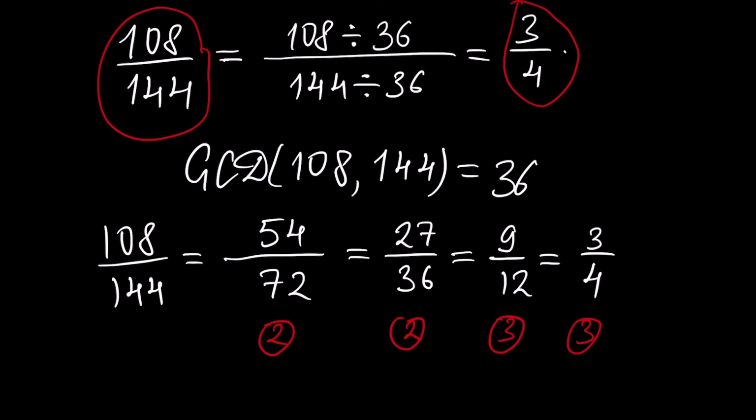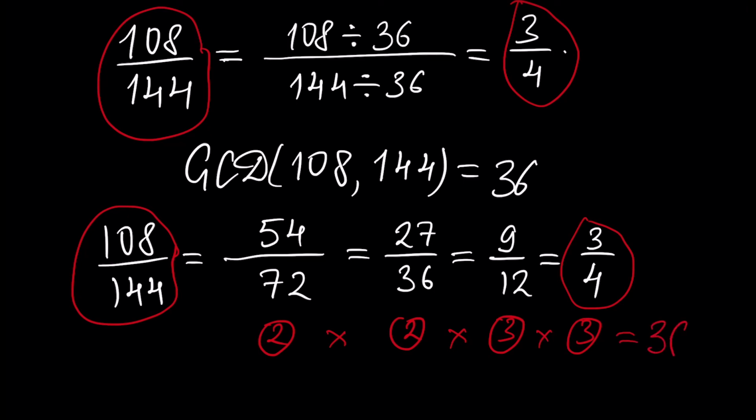We divided by 3 again. And this fraction is the lowest term fraction and is equal to the original fraction. And if we multiply these numbers, we will receive 36, which is equal to the greatest common divisor, GCD, of these two numbers.